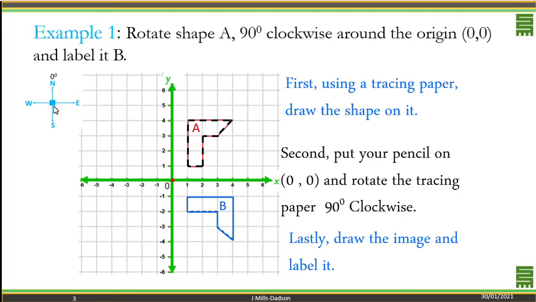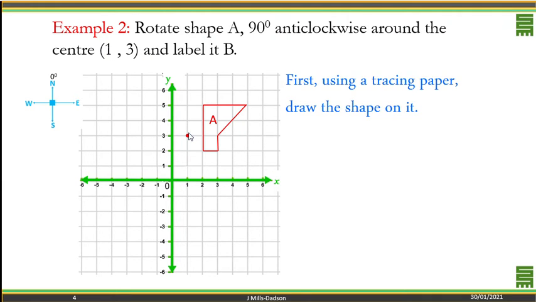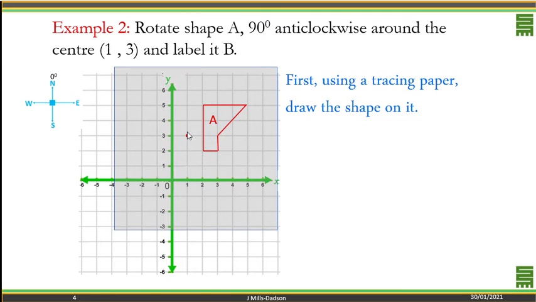Let's look at example 2. 90 degrees anti-clockwise around the center 1, 3. So that's the center. Tracing paper, trace it. Now, 90 degrees anti-clockwise, 90 degrees anti-clockwise this way. The north should now be facing what? West.